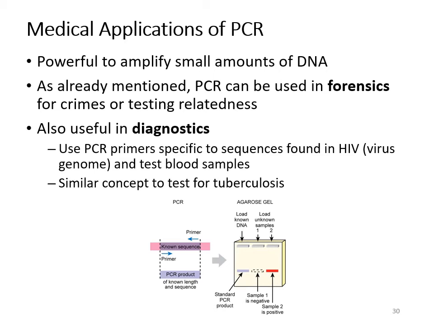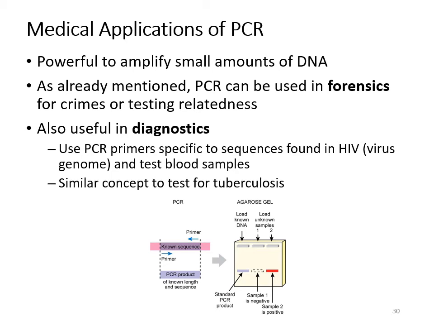This is just the sampling. It's a very powerful technique because you're able to amplify or make copies of very small amounts of DNA, which is great in forensics, especially since at a lot of crime scenes, you're not getting a lot of DNA or it's been highly contaminated. So this allows you to amplify your sample to work with.